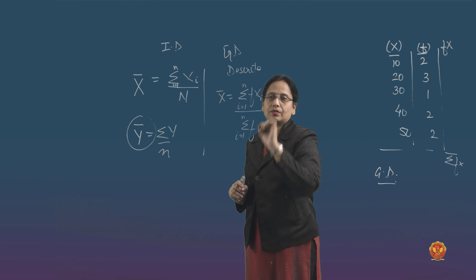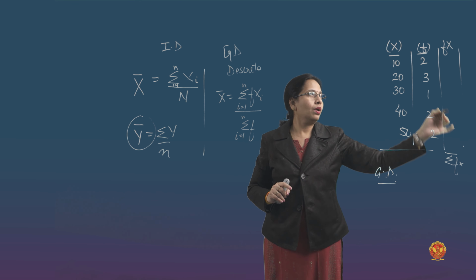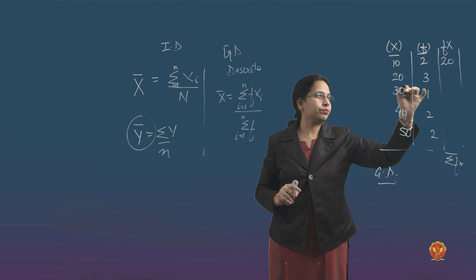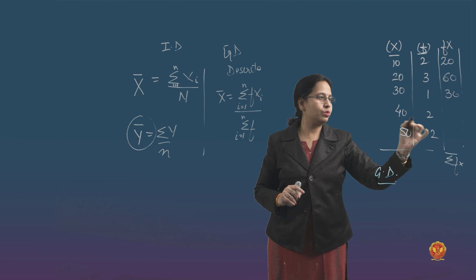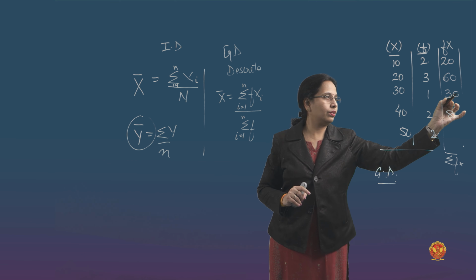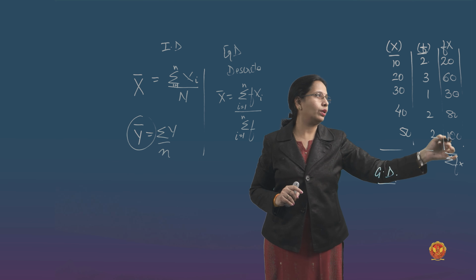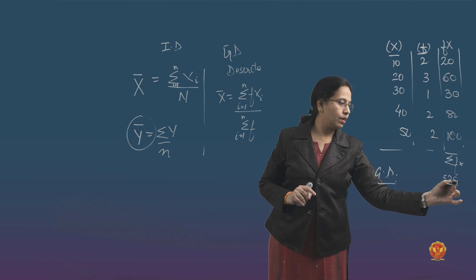Look at the formula. You have to multiply the frequency with x, like I did here. You multiply this value, you multiply this value, and then add all these values. It comes to 290.